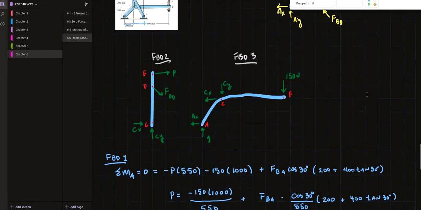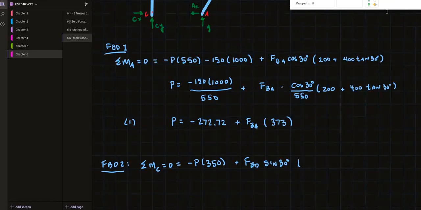And as I was guessing, if I take free body diagram 2, I can sum moments about C. And that gives me only the two variables FBD and P, another independent equation of FBD and P. So if I sum moments about C, I get minus P times a moment arm of 350, plus the force of BD sine 30, which is the component, times a moment arm of 200.